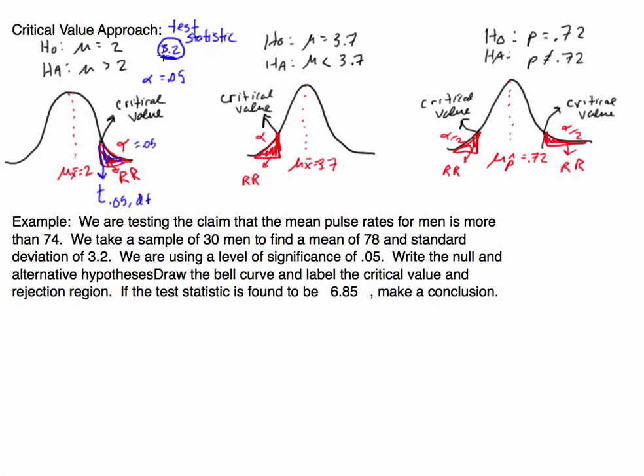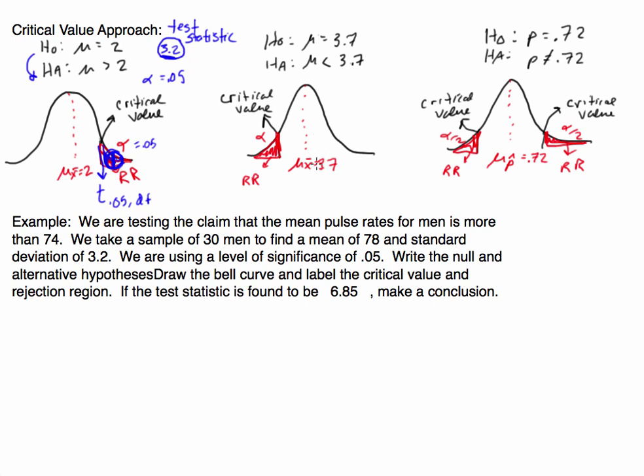In other words, how far from the sampling distribution mean is 3.2. If 3.2, the test statistic, lies in the rejection region, then we're going to reject the null in favor of the alternative. So again, we look to see whether or not our test statistic lies in the rejection region.